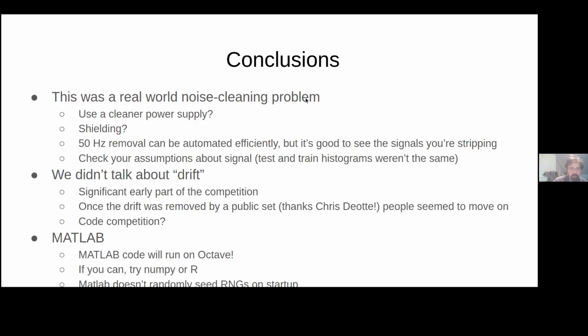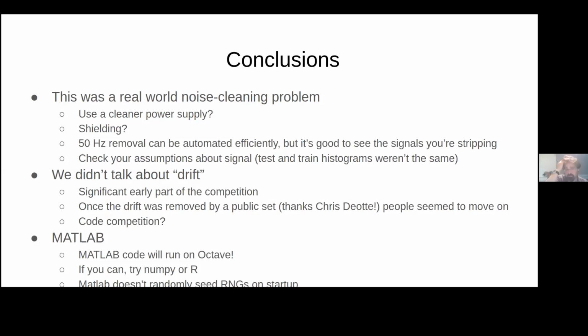I'll just wrap up then. So the conclusion we came to, and a lot of the top teams also came to, was that this amounted to a real-world noise cleaning problem. From an experimental science point of view, I think this might be solvable by using a cleaner power supply, maybe even some shielding.